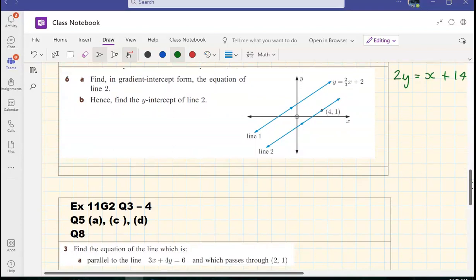So if we look at question 6, find in gradient y-intercept form the equation of line 2. So we look at line 2 and all we've got is a point. What do we need to find the equation of a line? Slope and a point. Oh no, I have no slope.